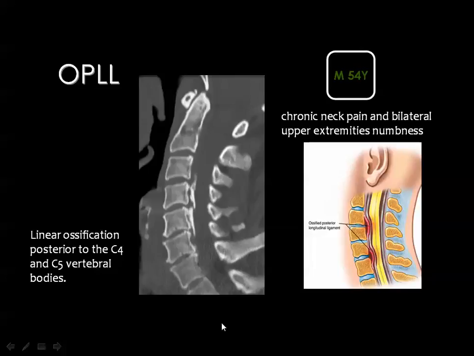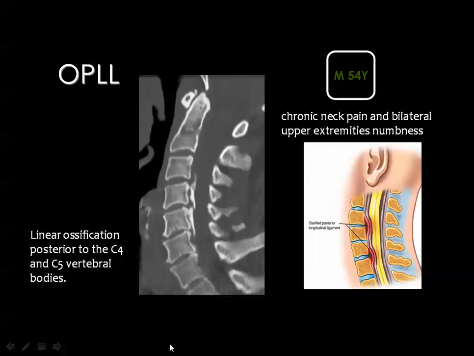Then we come to a famous entity known as ossification of the posterior longitudinal ligament, or OPLL. This ligament can hypertrophy, can calcify, but commonly it ossifies. Whenever the posterior longitudinal ligament is ossified, you get sheets of bone along the posterior aspect of the vertebral bodies.